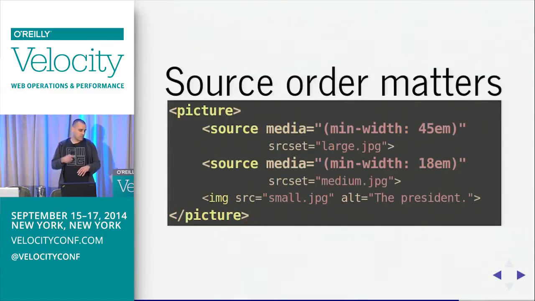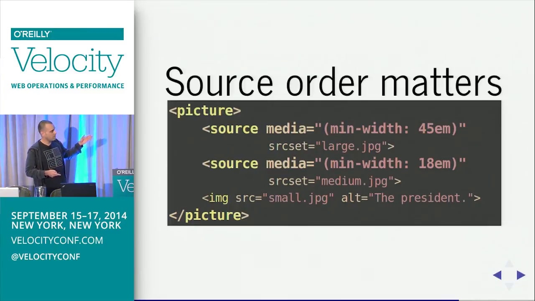One gotcha that you should look out for is that source order matters. Since, as I said, the algorithm is a first-match algorithm, you need to place the narrowest breakpoint first.